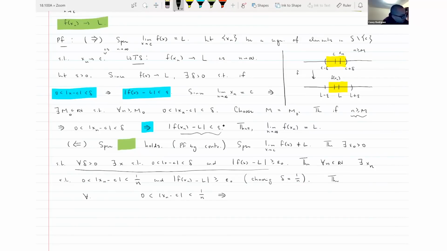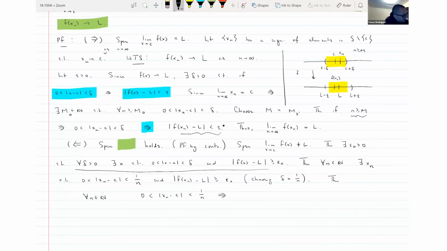For all n a natural number, 0 is less than the absolute value of x of n minus c, which is less than 1 over n. I claim that the x of n's must then converge to c. What tool can I use to say that? Squeeze theorem, okay?